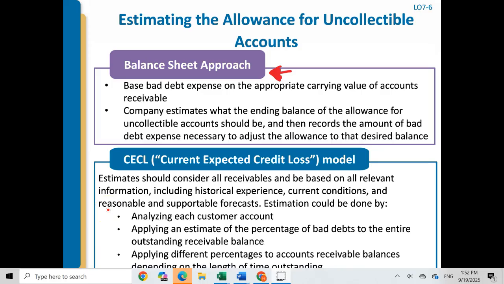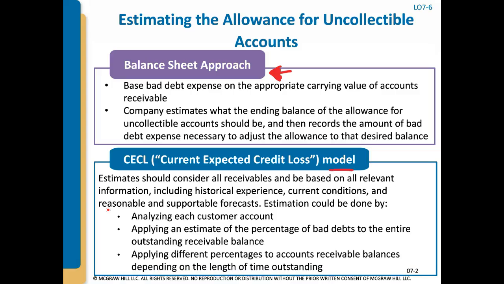So the question is, how do we estimate what our net accounts receivable should be, where we have the gross accounts receivable, but then we need to book the allowance for uncollectible accounts so that the net amount is the true amount the company believes they will be able to collect. Well, there's this thing called the current expected credit loss model, or the CECL, and it says that estimates should consider all receivables and be based on all relevant information.